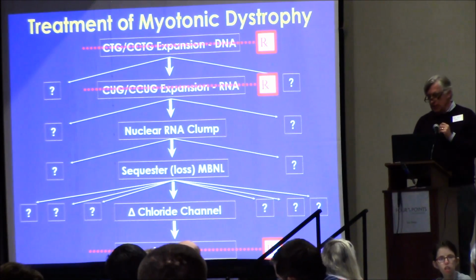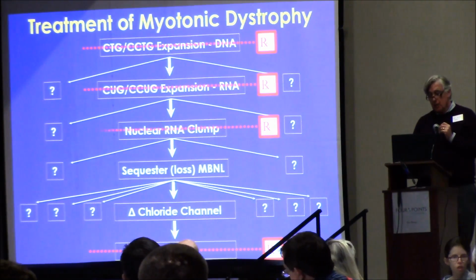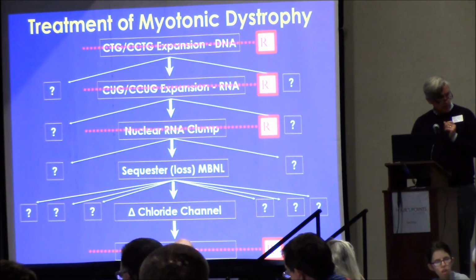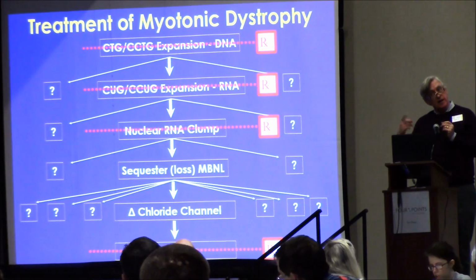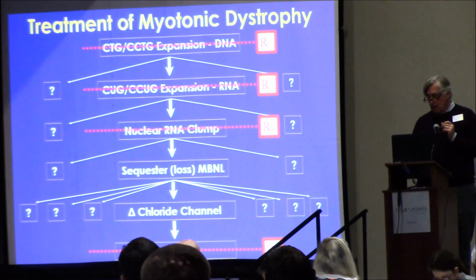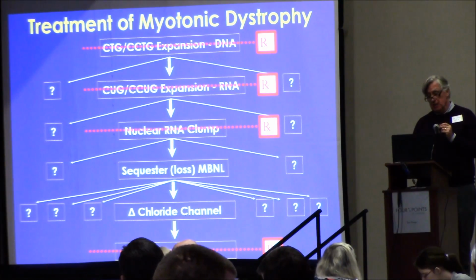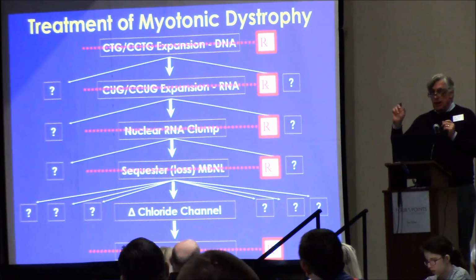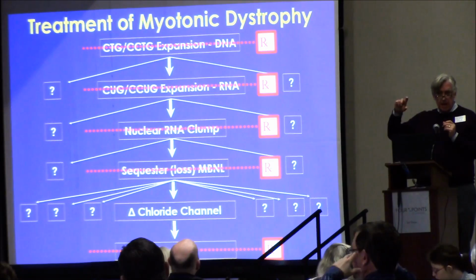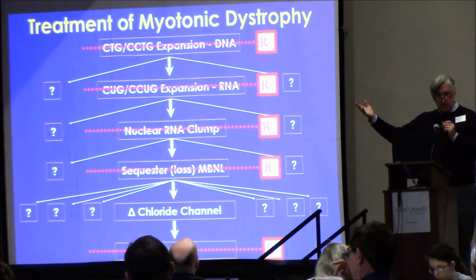So we could treat the RNA. That's what the Ionis people are doing. You could treat the clumping so that you're not getting rid of the RNA, but you're preventing it from clumping. And there are people that are working on that, different companies. You could not get rid of the clumping, but prevent the MBNL from binding to it. So that's that grease that I was talking about.